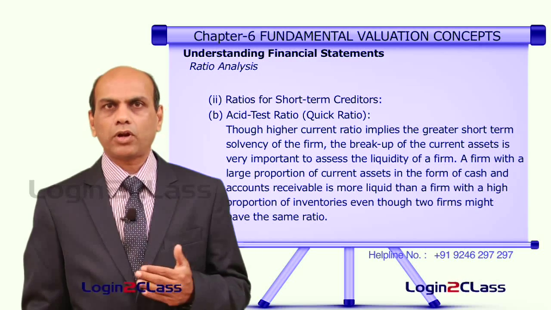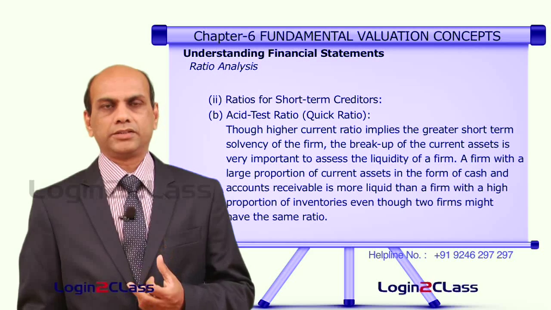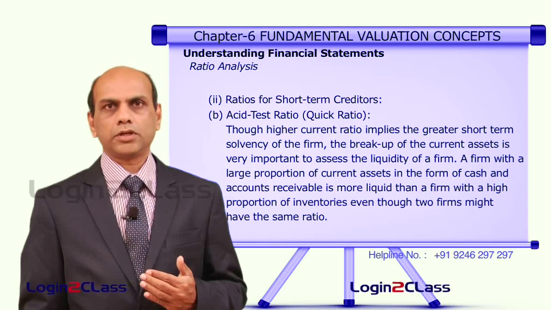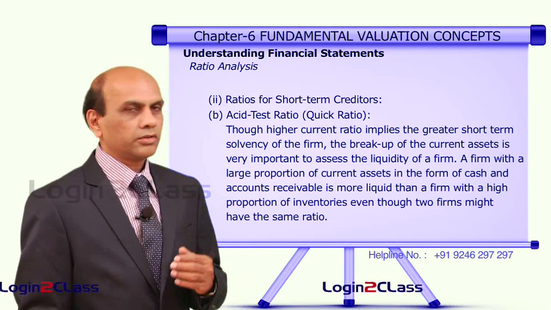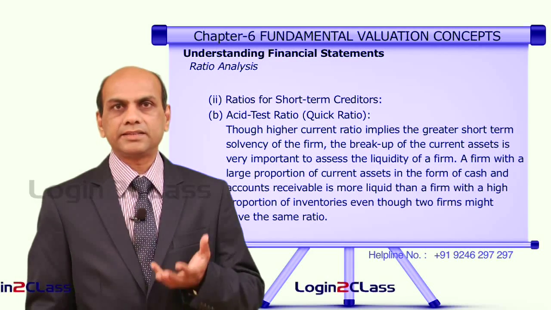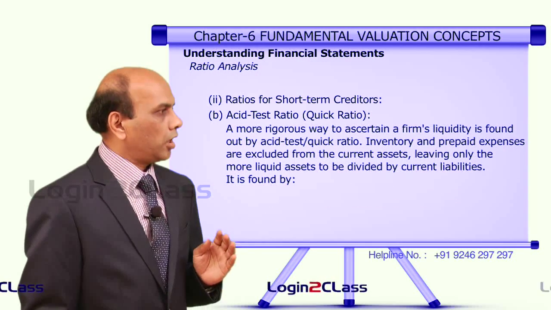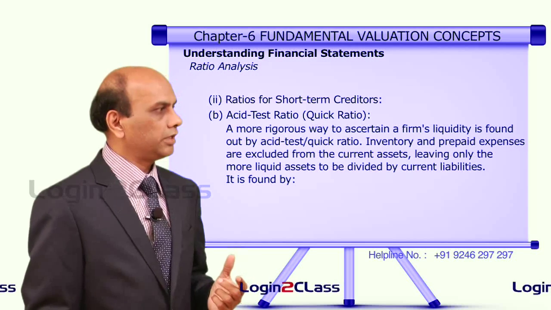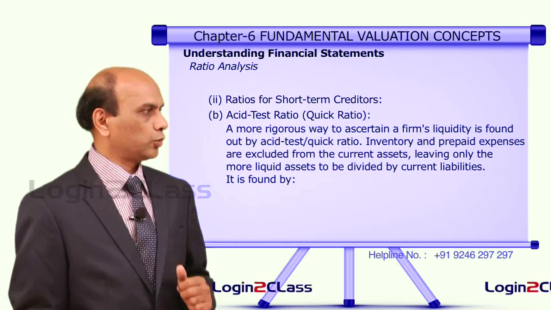That means we are trying to segregate the current assets components to give the real current asset status of the company by excluding inventories and excluding prepaid expenses from the current assets category. A more rigorous way to ascertain a firm's liquidity is found out by this particular acid test or quick ratio.